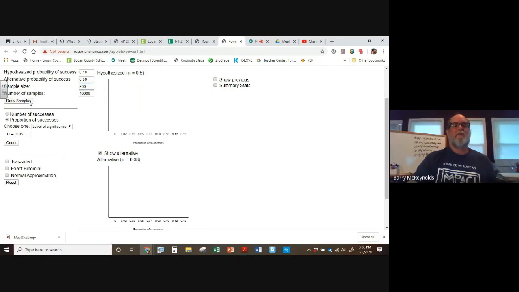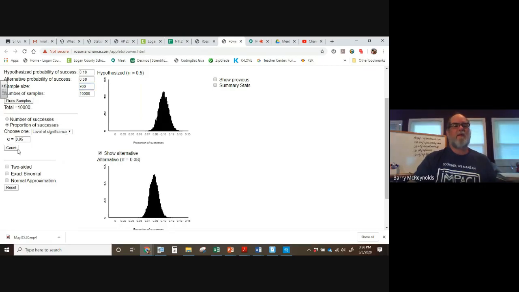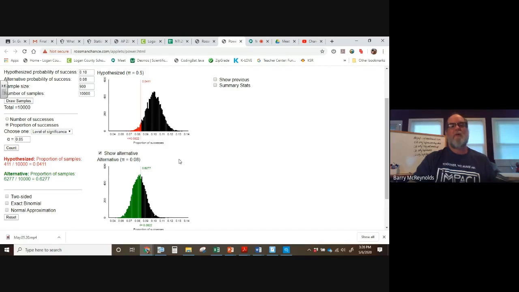Now this will be the last one. This should get us pretty close. 0.63. Okay. So you can see what happens there if we settle on a particular value of the power, and we are committed to a certain significance level, then the only thing we can do is increase our sample size.